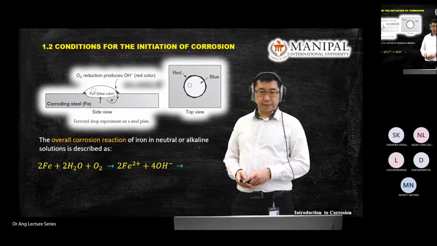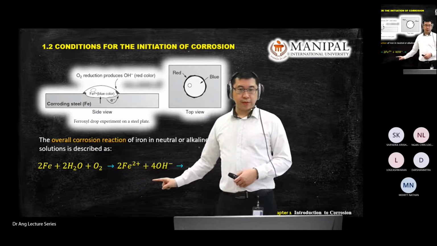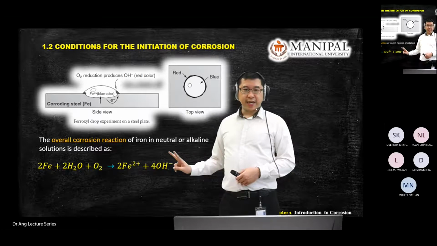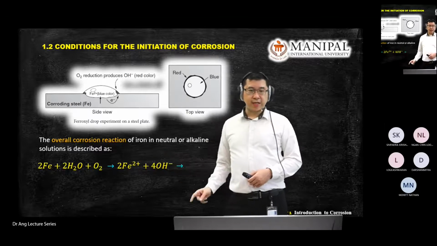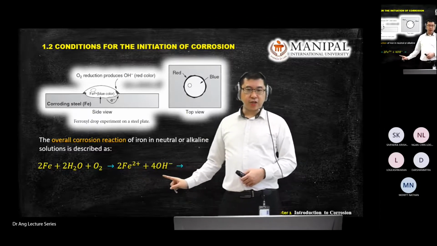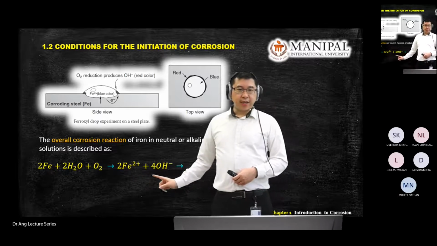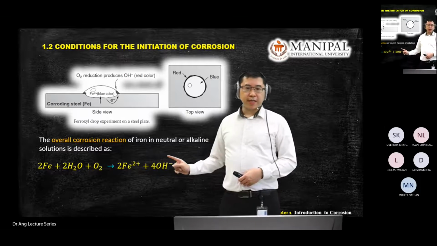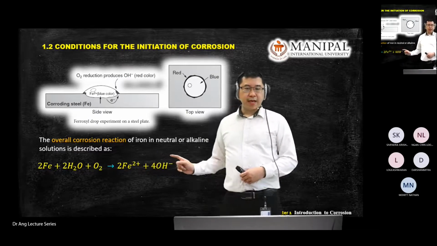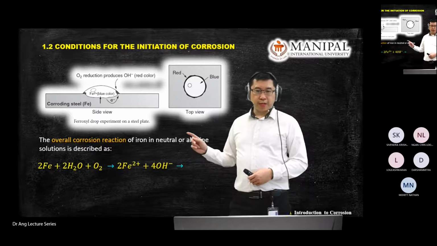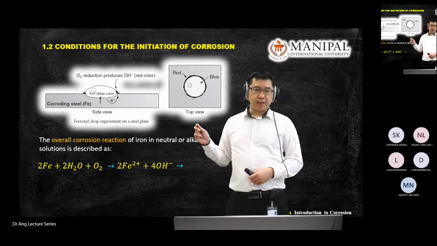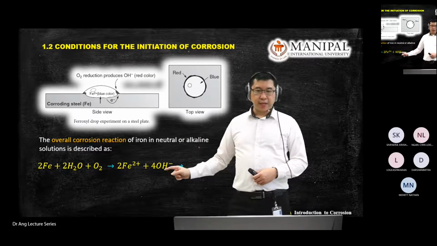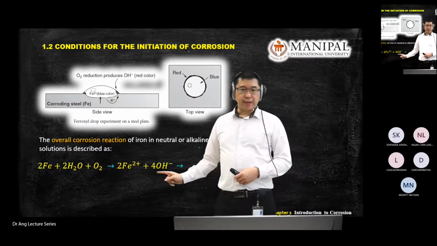Then, when the material splits into ions, at the end they will join together. So how do this one and this one join together? The chemical or ion combination, you need to flip back to your chemical textbook and also your previous two modules, the metallurgy and one more material module.